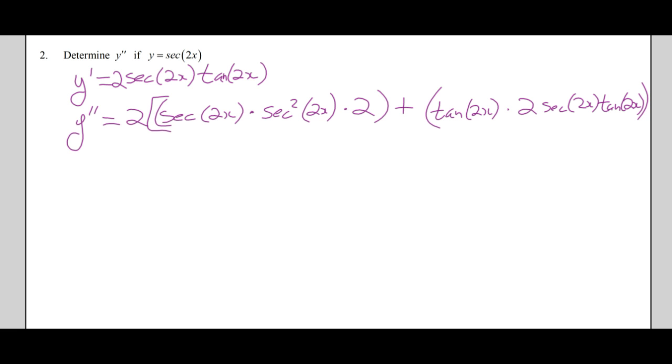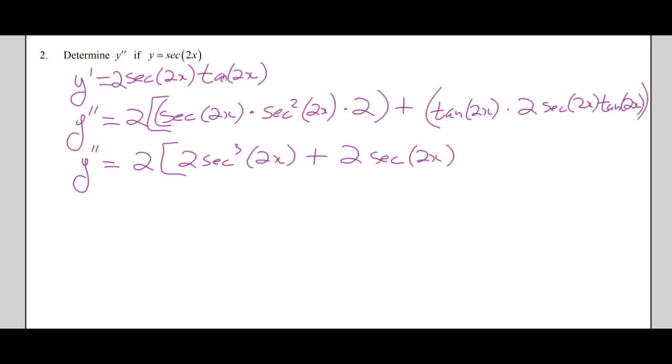Okay, now it just requires cleaning and polishing. All right, what do we got here? 2 secant cubed 2x plus 2 secant 2x tan squared 2x.